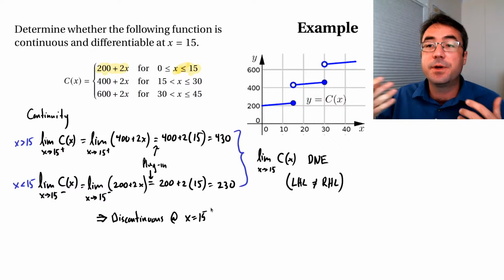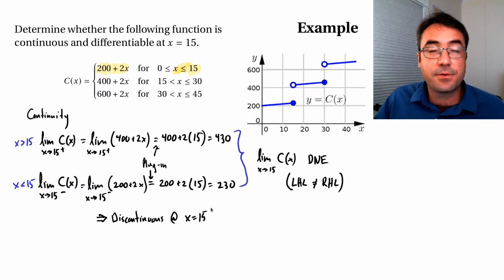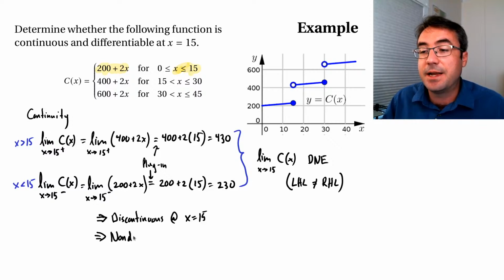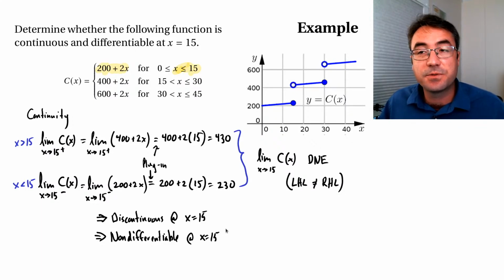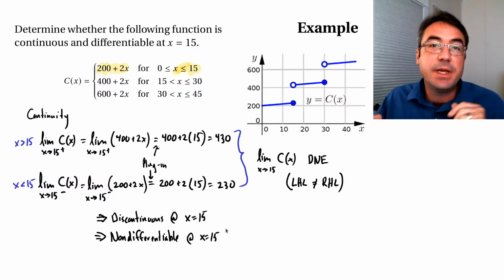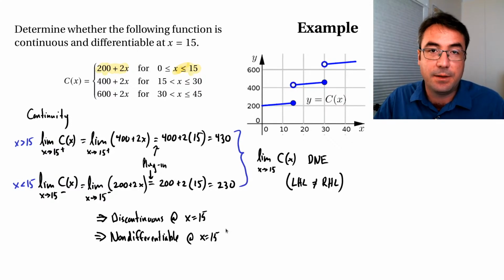And then without even going to check the derivative limit, we can automatically conclude that this function is also non-differentiable there as well. So because it's discontinuous at x equals 15, there's nothing left to check. It means it's non-differentiable there as well.